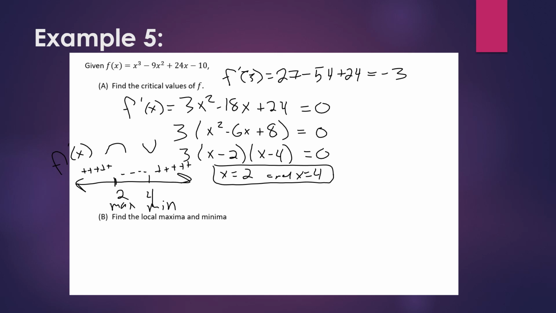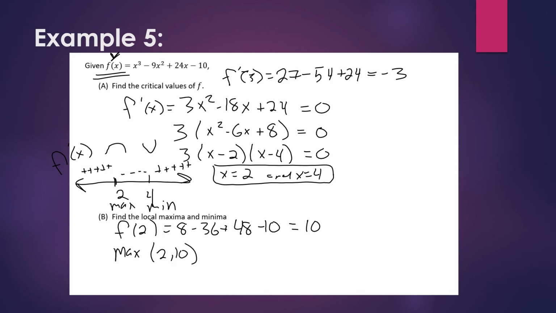So to find the actual values, I need to look at the y values. I need f of 2 and f of 4. F of 2, so if I plug in 2, I'm going to get 8 minus 36 plus 48 minus 10. So this is going to be 10. So my max is at (2, 10). And then for my min, I need to know what is f of 4. So f of 4, 4 cubed is going to be 64.